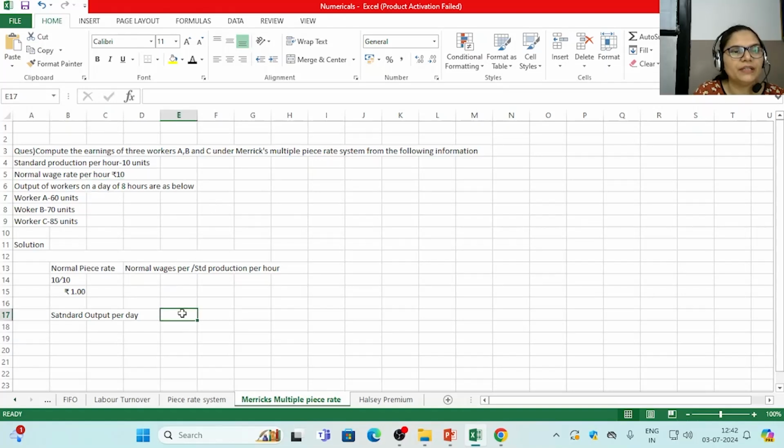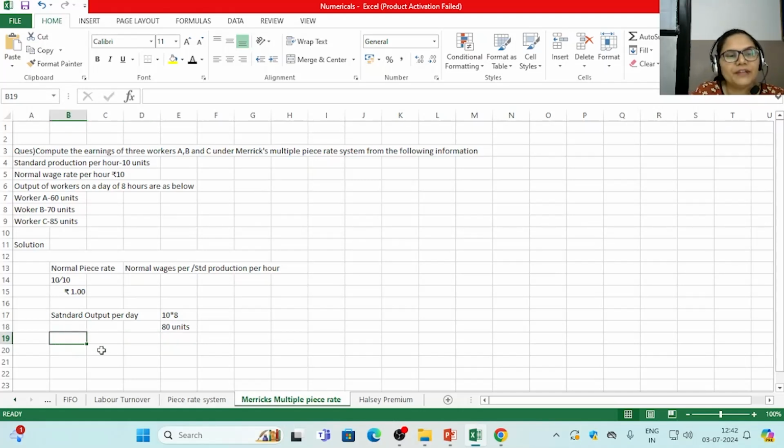So it will be 10 units into 8, which will give us 80 units. So 80 units is the standard output per day, against which the performance of the various workers will be calculated and their efficiency will be decided.